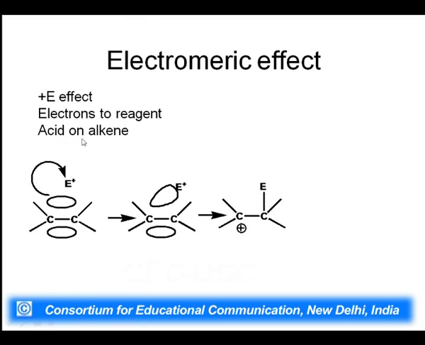The example is adding acids HBr, HCl, HI under Markovnikov addition. We give this type of mechanism and say that this reaction is happening with a plus E effect, and ultimately we get the electrophile attached to one carbon, and a positively charged carbon on the other.